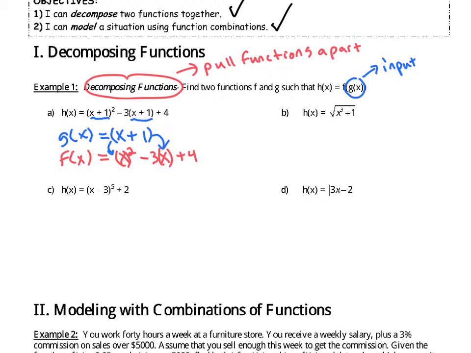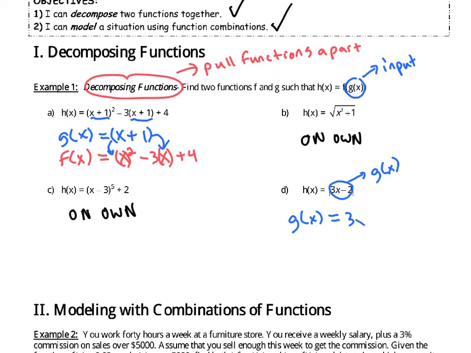create the composition. Moving on to example 1d, I notice that inside the absolute value, I see 3x minus 2. This appears to be the input function, so we will write g of x equals 3x minus 2, and what was that plugged into to create h of x?